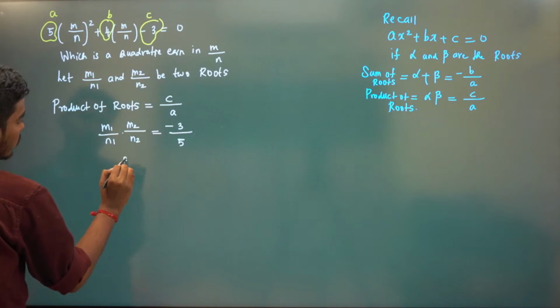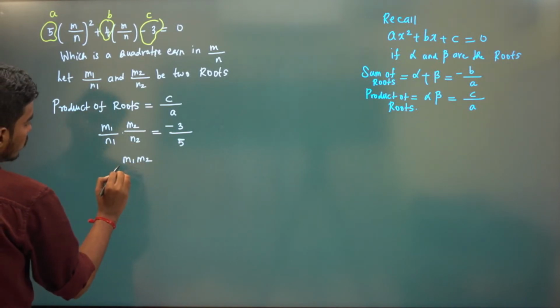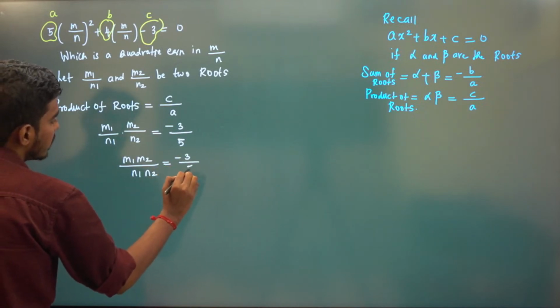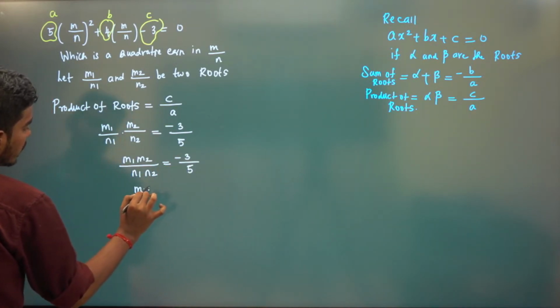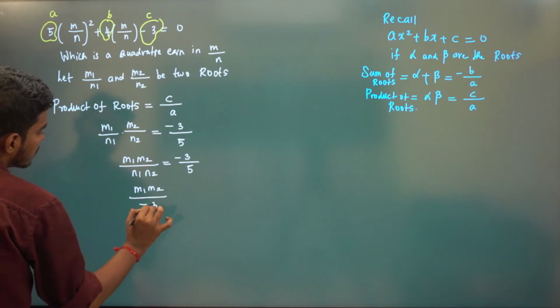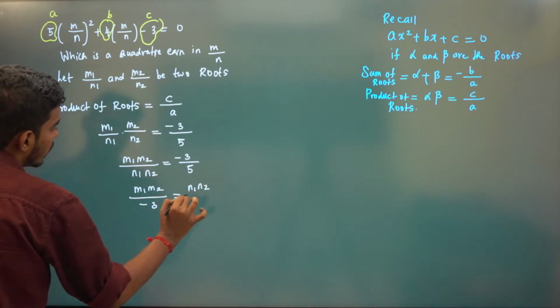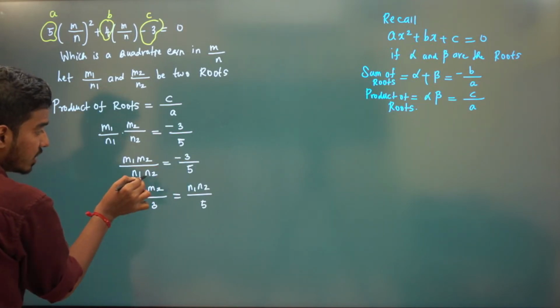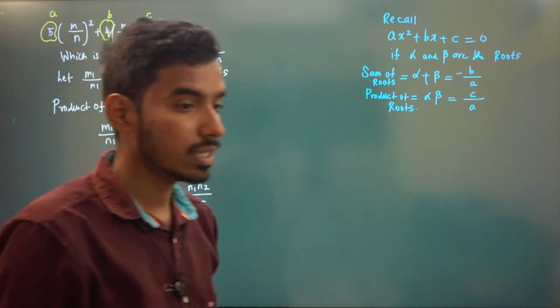Right? So we have m1 m2 divided by n1 n2 is equal to minus 3 by 5. This is same as m1 m2 divided by minus 3 is same as n1 n2 divided by 5. Just cross multiply this and this, right? You bring minus 3 here, you bring n1 n2 to that side.